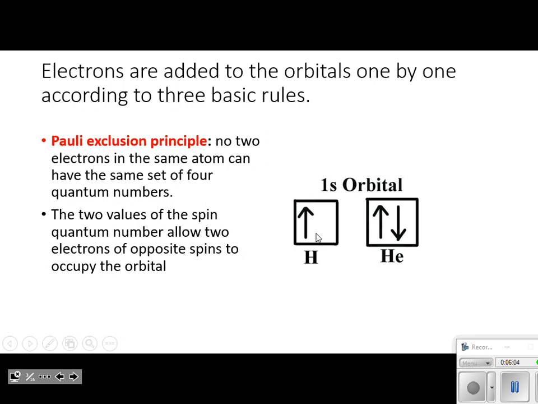And its spin is, let's say, clockwise. So then, helium would have 3 out of the 4 the same. Same principal energy level, same sublevel, same sphere of the sublevel. It's just that its spin is the opposite of what the hydrogen was spinning. So 3 of the 4 quantum numbers were the same, but that fourth one, the spin quantum number, was different.